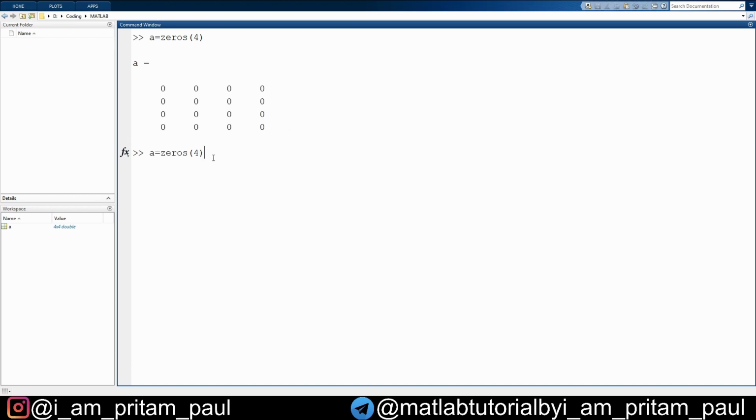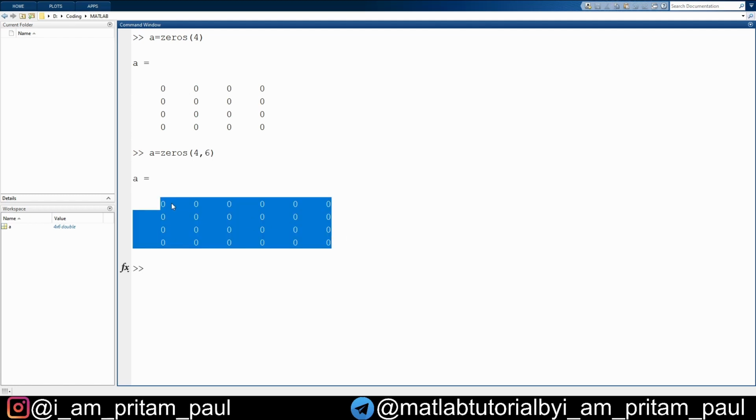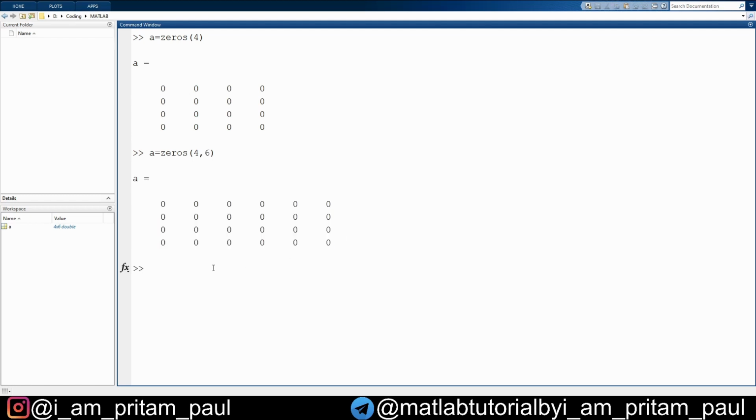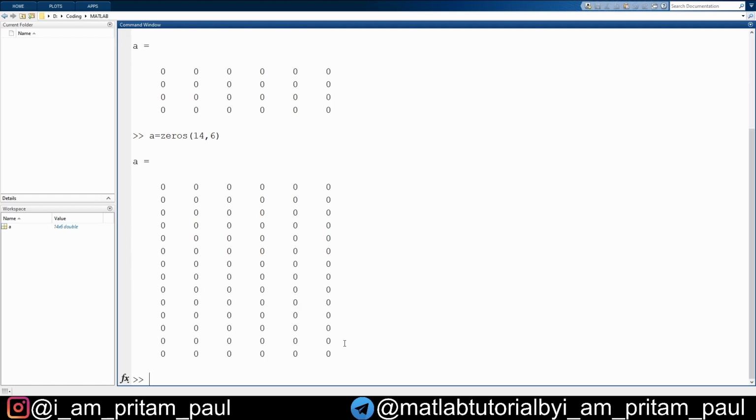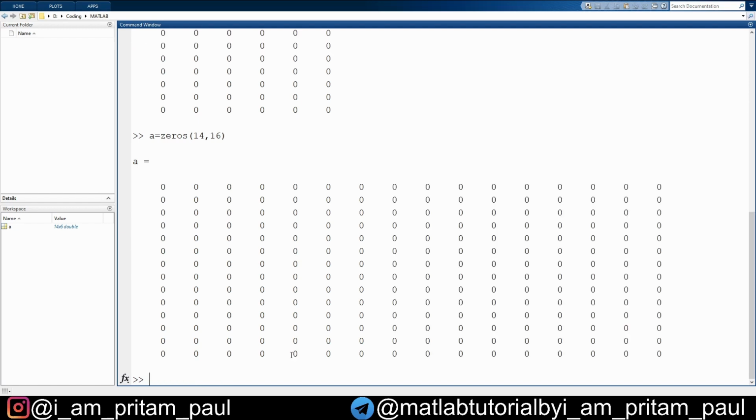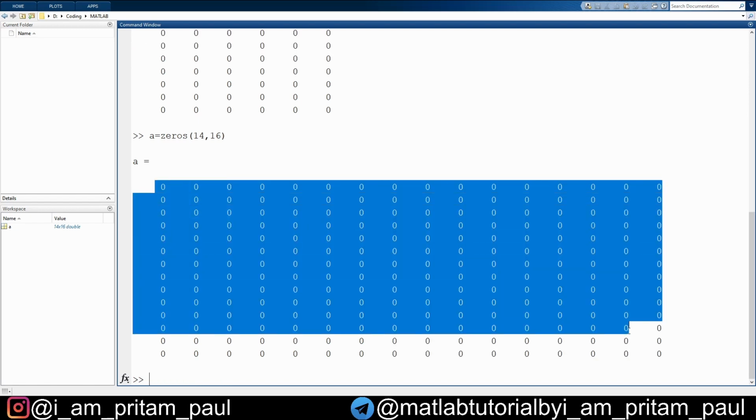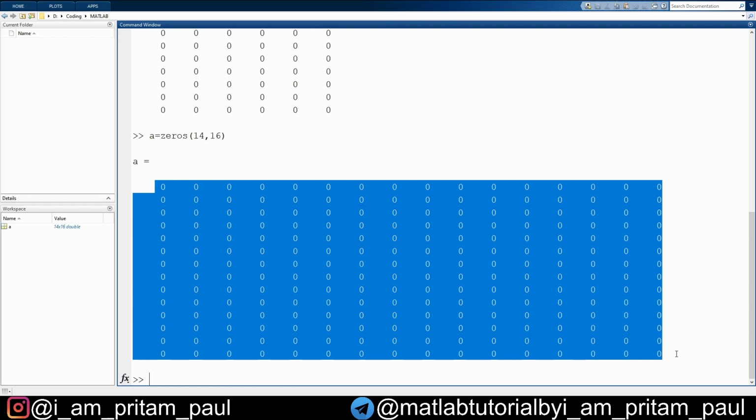If I write zeros 4, 6, the size of the matrix will be 4 by 6. If I write 14 by 6, then there will be 14 by 6. Or if I write 14 by 16, then it will be 14 by 16. Okay, so in this way we can declare the zero matrix.